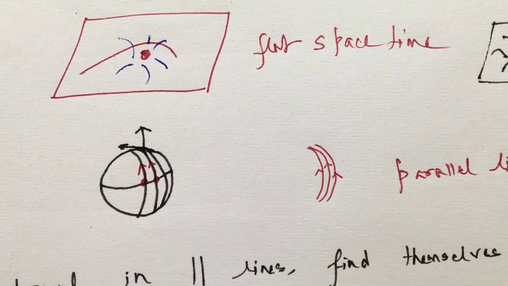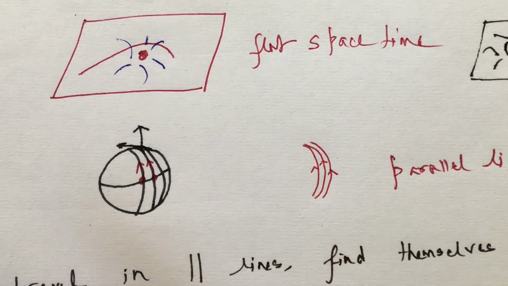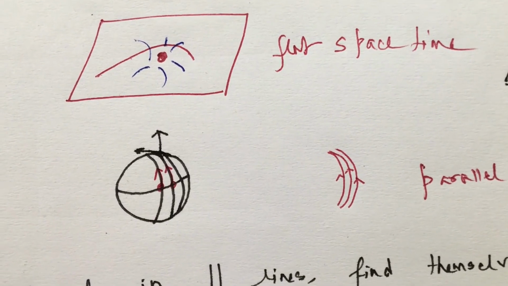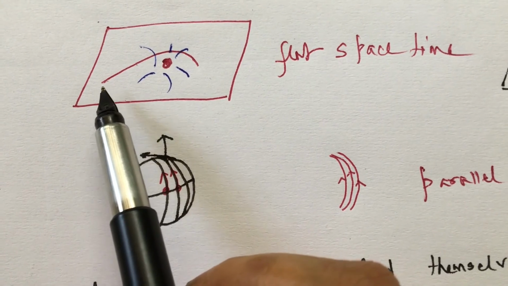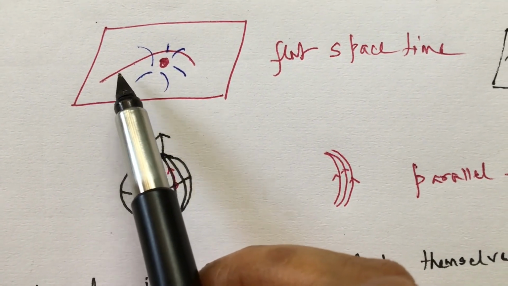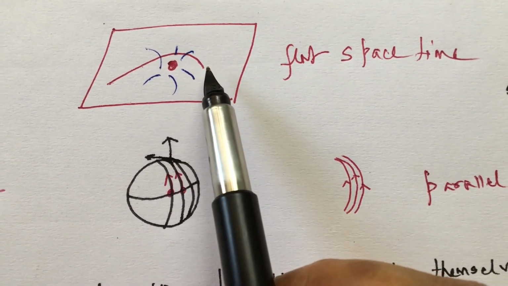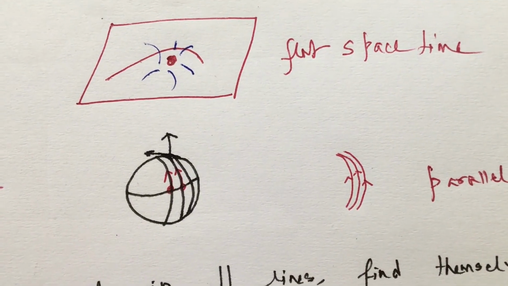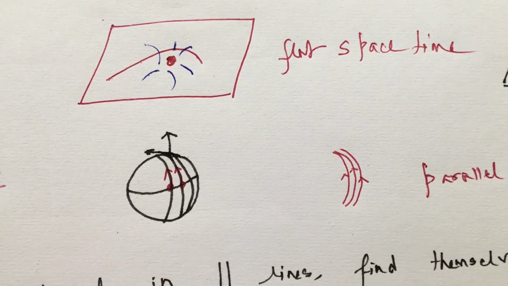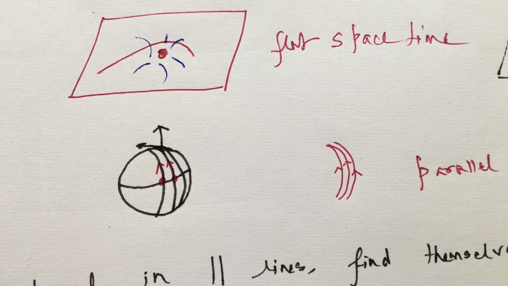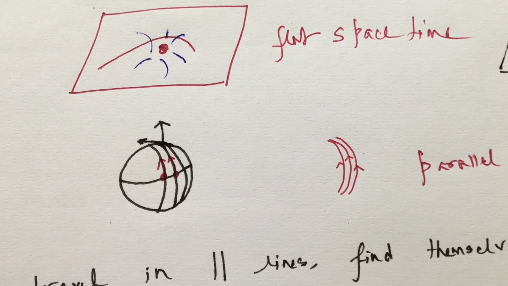So because of the presence of the object, this flat space-time is curved. Same thing happens for light also. Light thinks that the space-time is flat. First it goes like this, but when it reaches this point, it will take a bend. Just like a golf ball, when it reaches the rim of the hole, it travels in a curved path along the rim and then goes to the hole.